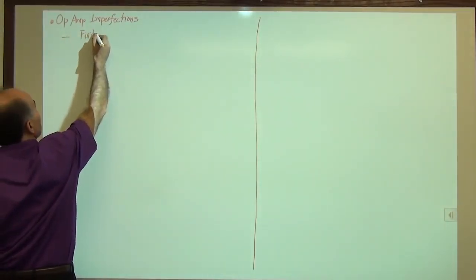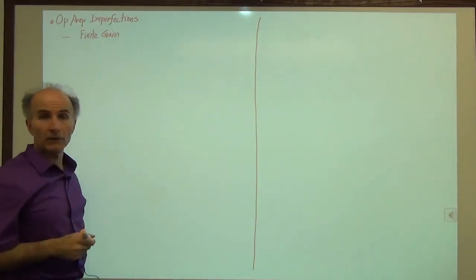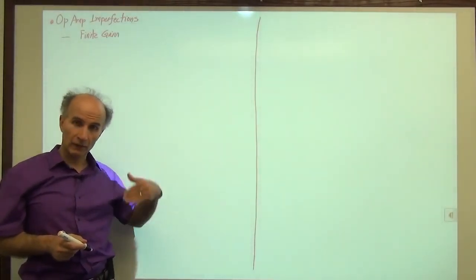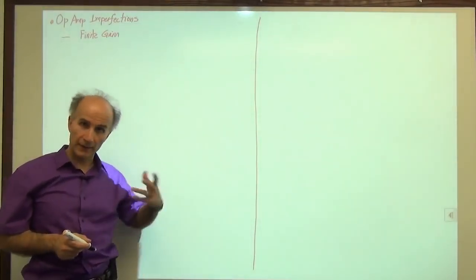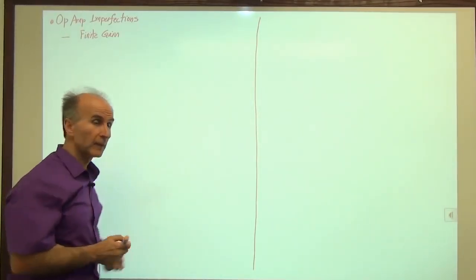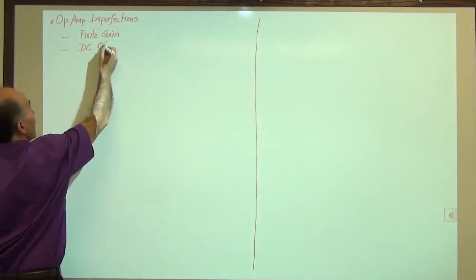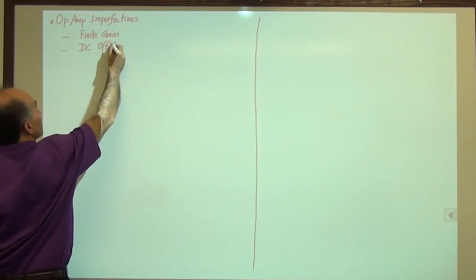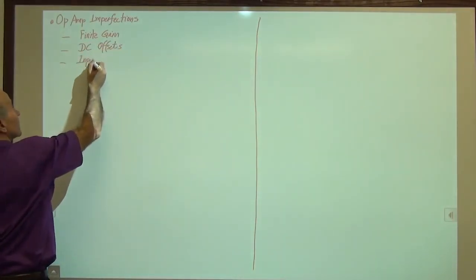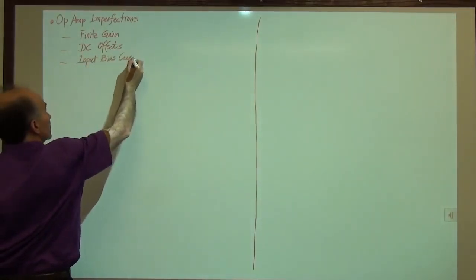We have talked about this before. We said that if the gain of the op-amp is not infinite, we had to do the calculations again for the amplifiers, etc. So that's fine. But there are other ones that we have not talked about. One is what we call DC offsets. The other is input bias currents.